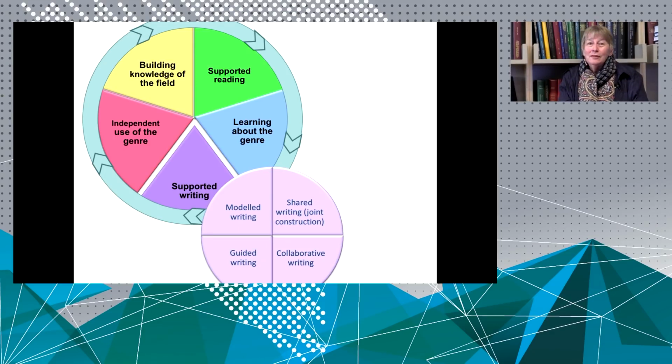We would then move on to encouraging the students to actually participate in jointly constructing a text. And so the teacher would then guide them in constructing a text together as a class or as small groups.